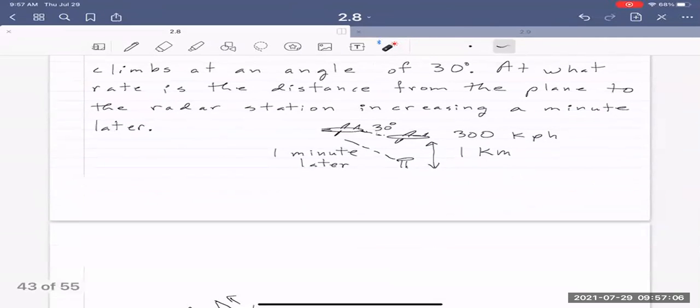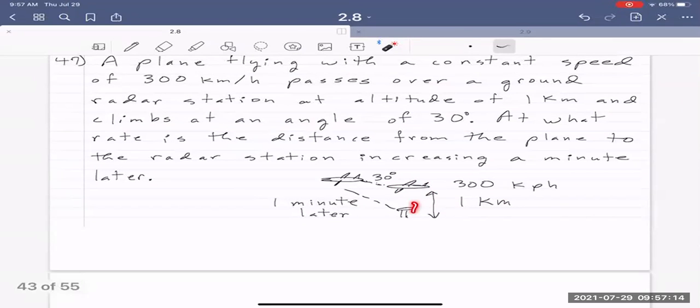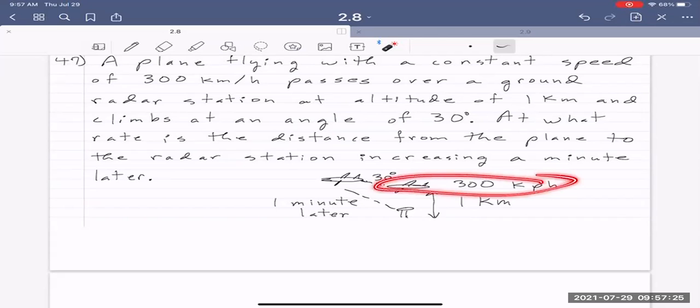Okay, so we have the following situation here. We're in some airplane and we fly over some radar station. We are traveling at a rate of 300 kilometers per hour.